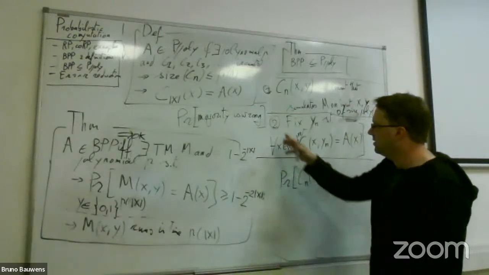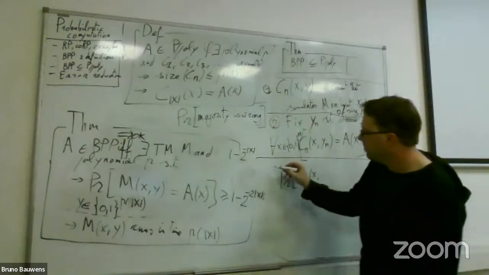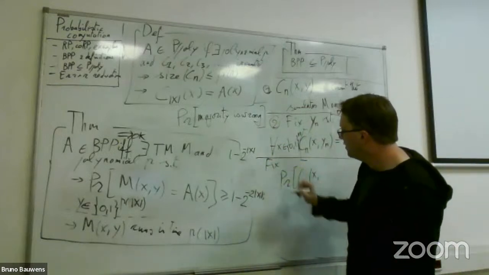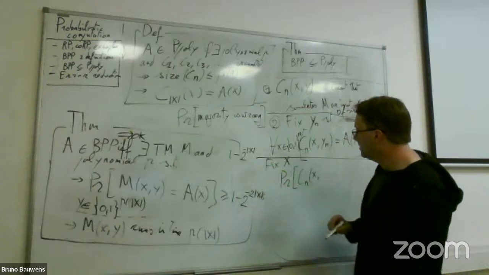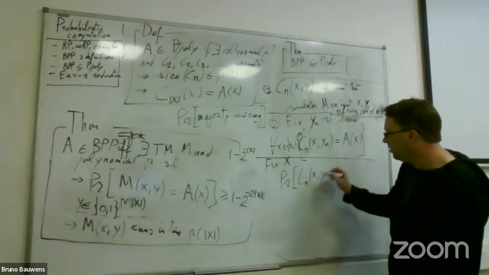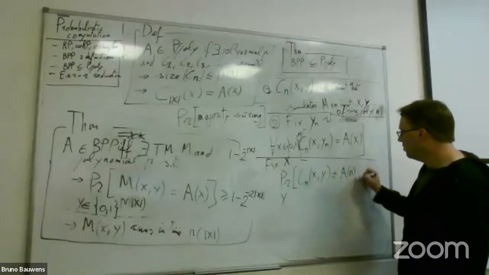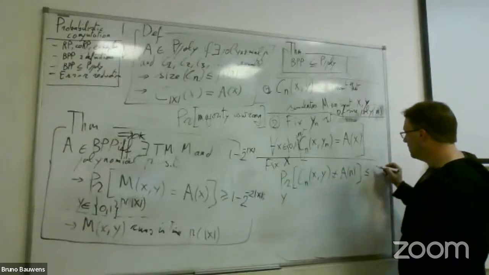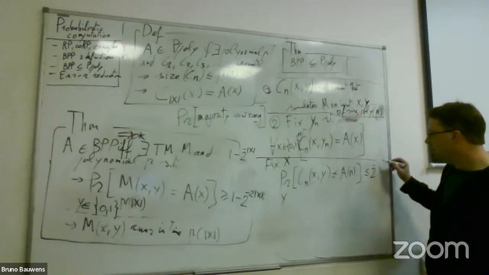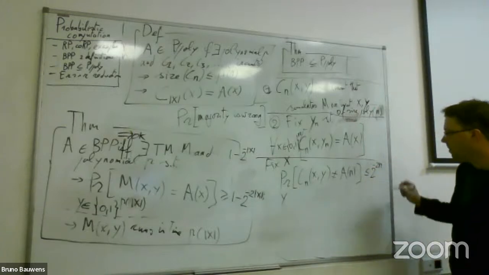So why does y_n exist? Let us first fix the string x, then we know that the probability over y that C_n(x, y_n) is not equal to A(x) is at most 2 to the power minus 2n.